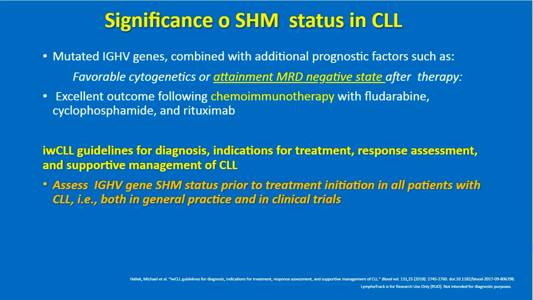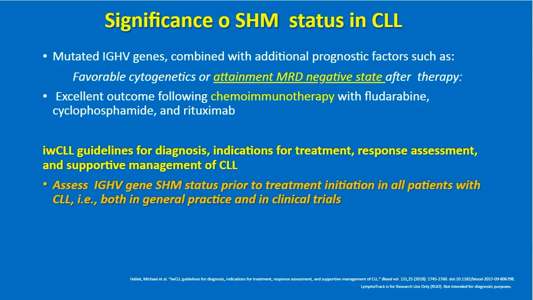This minimal residual disease detection is another area evolving into more of a standard of clinical practice. There still needs to be some work done in some different situations. I don't have time to go through this, but this is another area actively developing that will eventually help with better disease management.